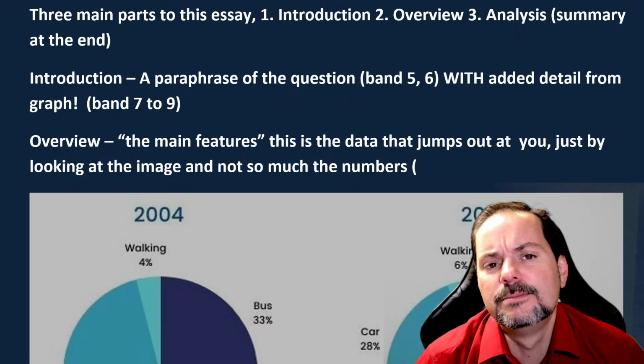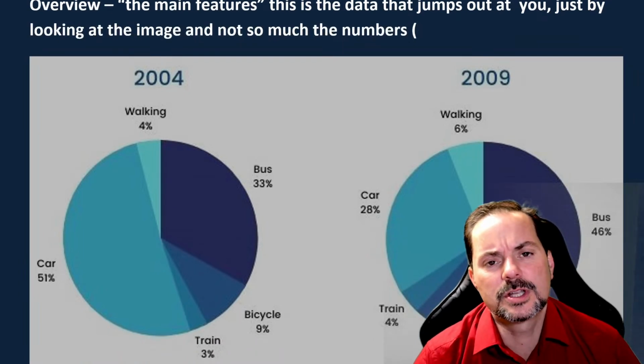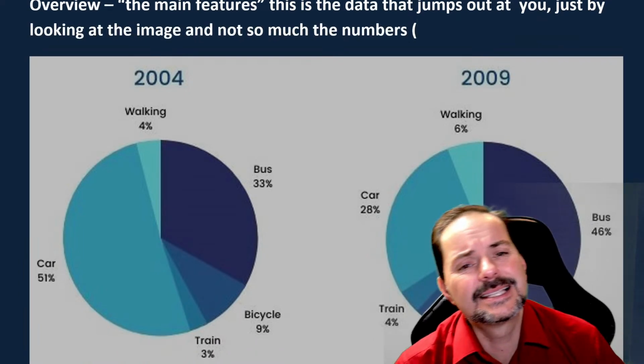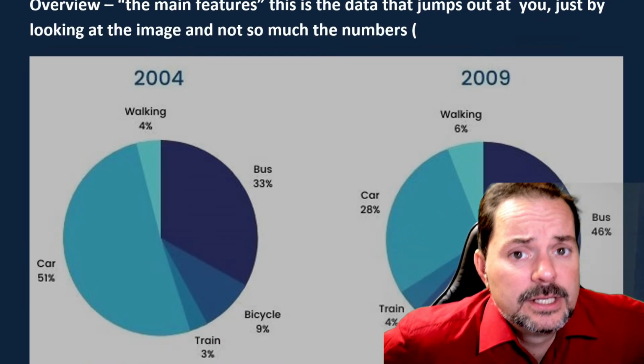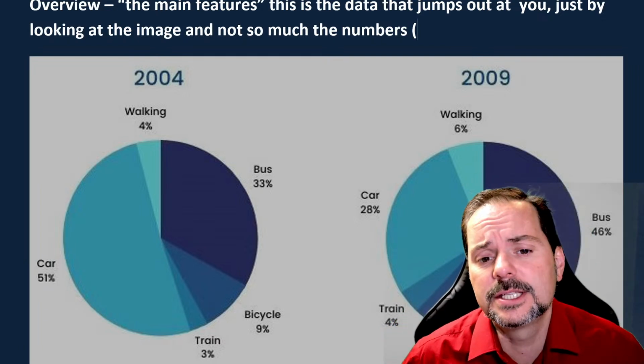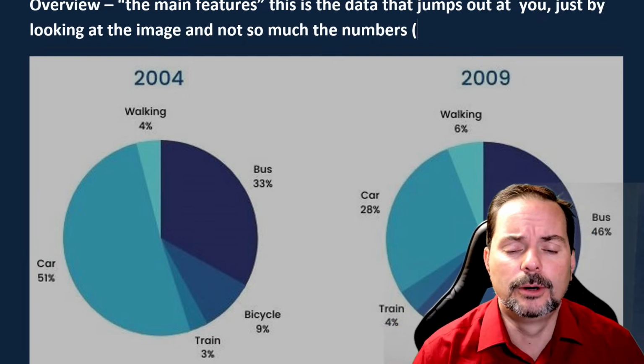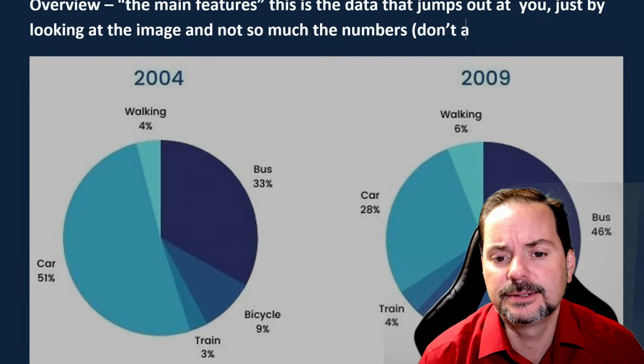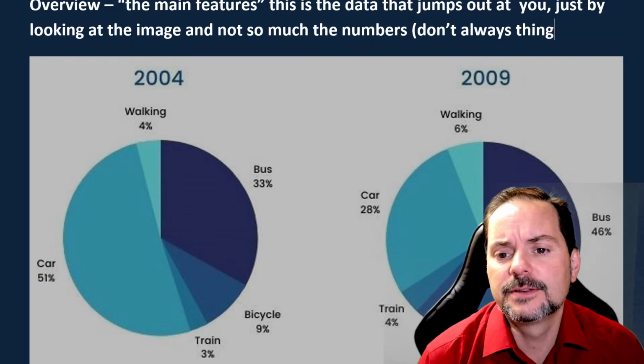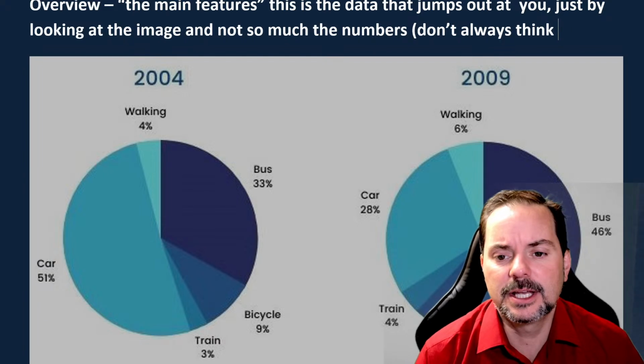It's not always the most and the least, so stop thinking that way. That's a very simplistic way to think about it. Sometimes it is, but it's not always, so don't always think most and least. It's another very common mistake by IELTS candidates.